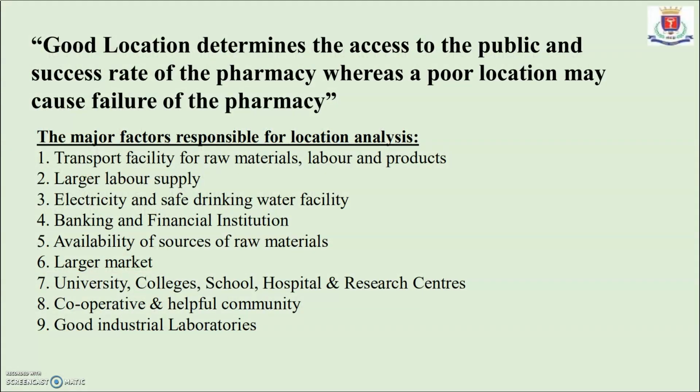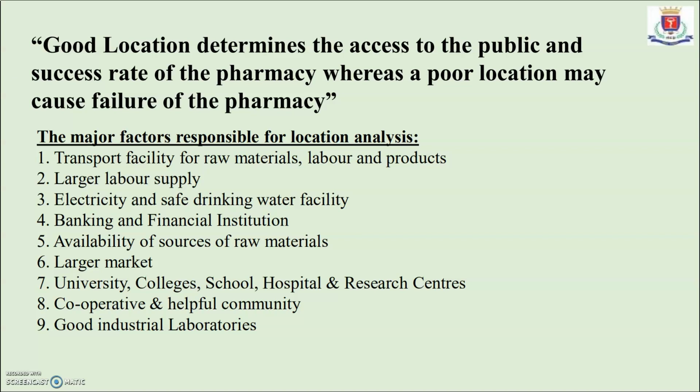So a good location determines the access to the public and the success rate of the pharmacy, whereas a poor location may cause failure of the pharmacy. So which are the major factors responsible for location analysis? Transport facility for raw materials, labor and products. Larger labor supply. Electricity and safe drinking water facility.